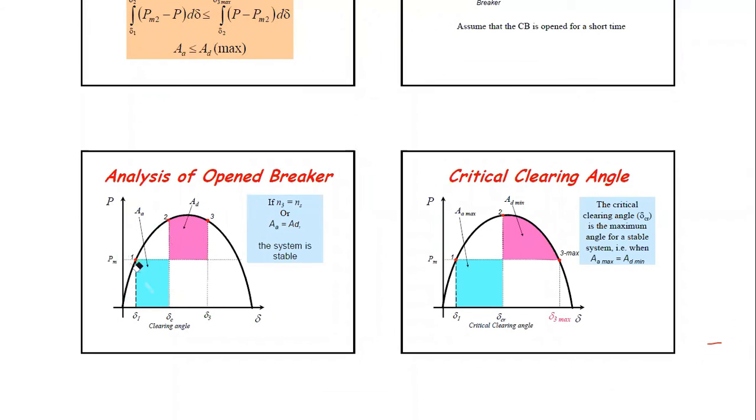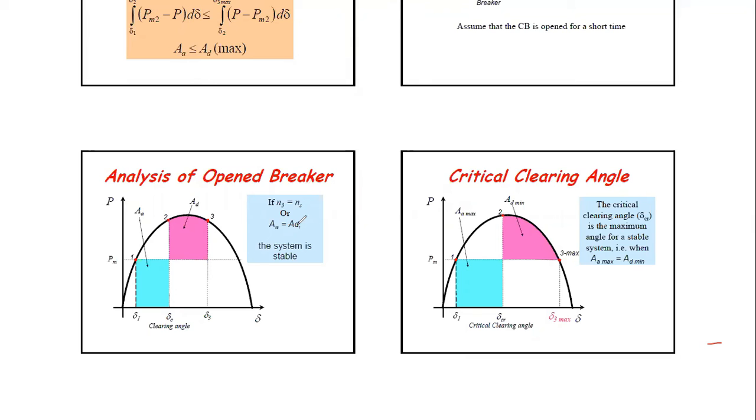Let's see one new term, which is the critical clearing angle. The critical clearing angle is the maximum angle for a stable system, that is when the maximum acceleration area is equal to the minimum deceleration area. In the previous diagram also we have seen it very clearly, the critical clearing angle.